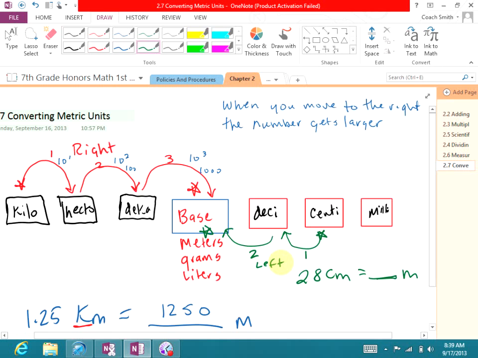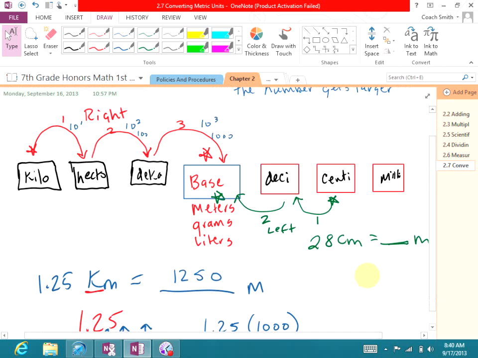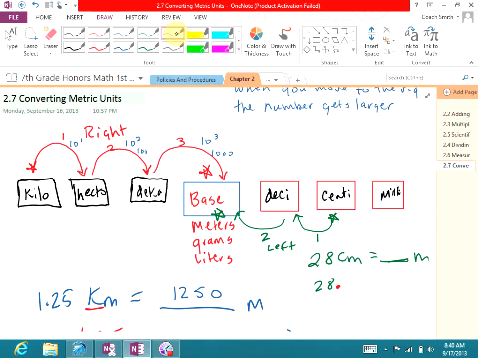I move 2 places to the left, so that means I'm going to take 28. Where would the decimal be in 28? Behind the 8. So I'm going to take that decimal, and I'm going to move it once, twice to the left. And so that gives me 0.28.